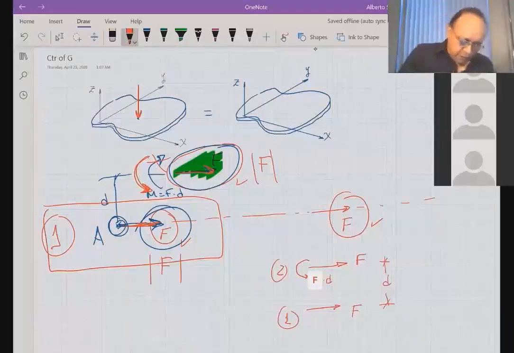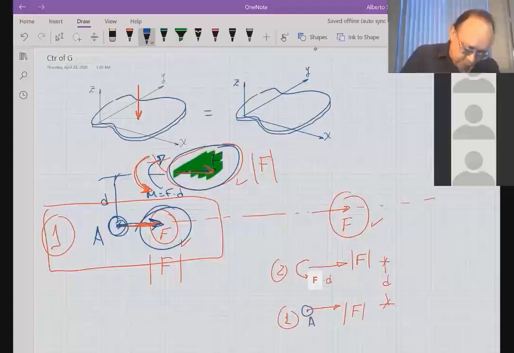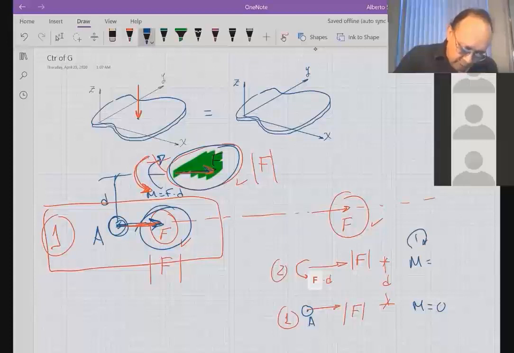right? Because both systems have a magnitude of F, which is the first condition, so good for that condition. But now, if we calculate the moment of both systems with respect to point A, the moment here is equal to 0. And how about the moment here? The moment here is equal to, let's put positive in this direction, the force times the distance, which produces F times d.